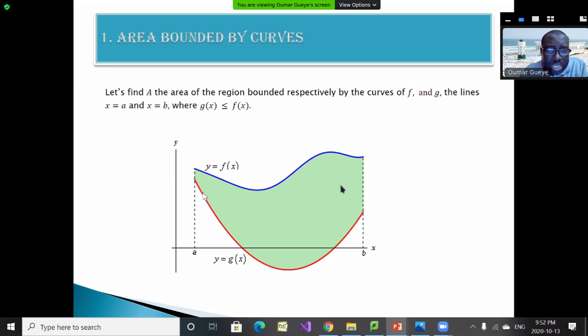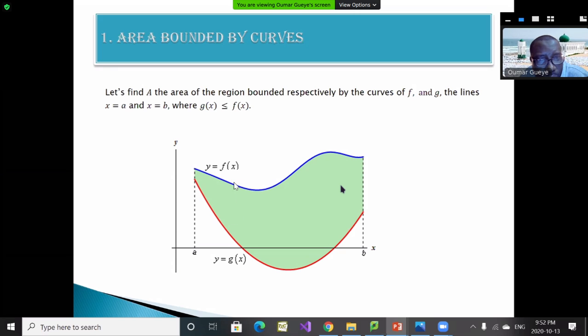That's why the curve of g is below the curve of f. It's very important to have this condition in order to be able to calculate the area between the two curves. To calculate the area as we did last week, we have to calculate an integral. But in this case, inside the integral, you will get the difference between the two functions because you want the area between the two functions.